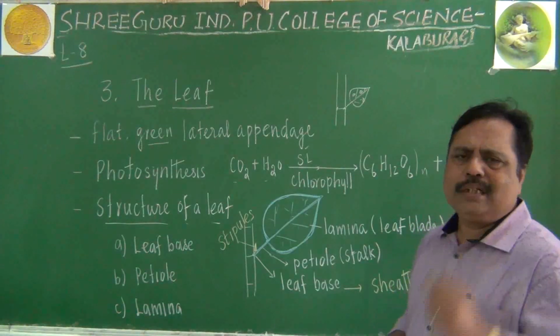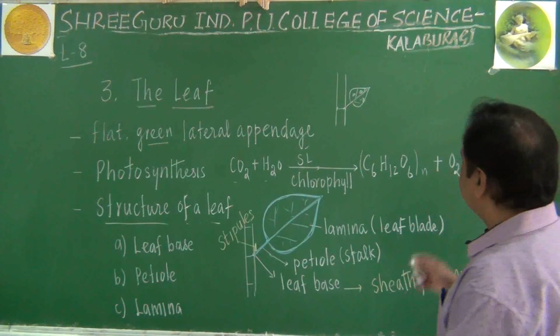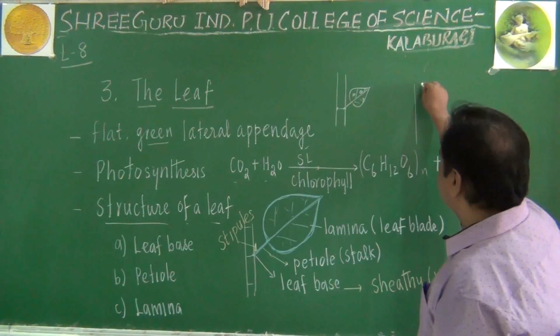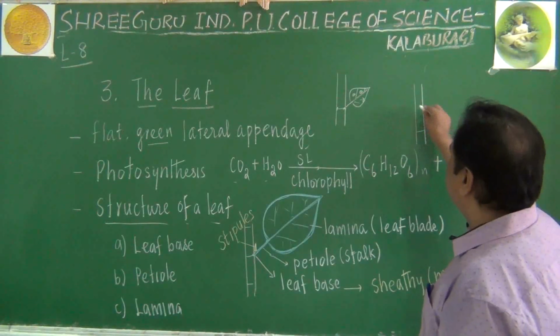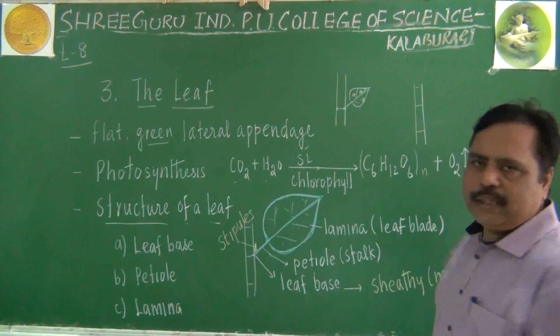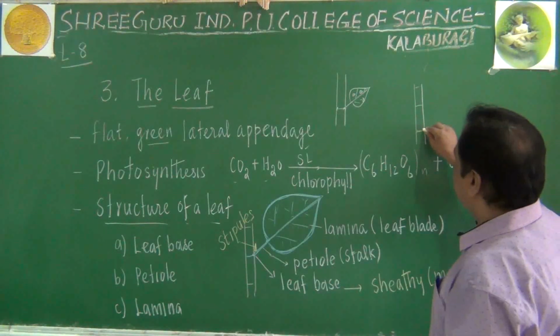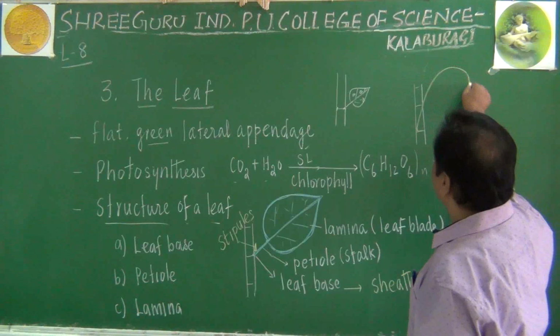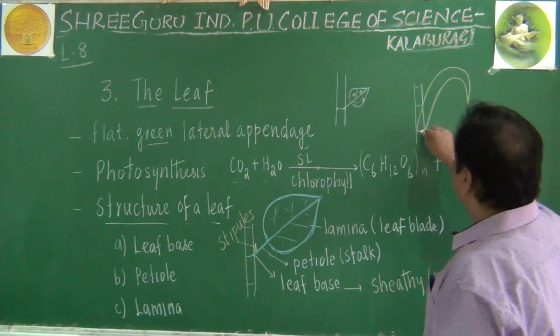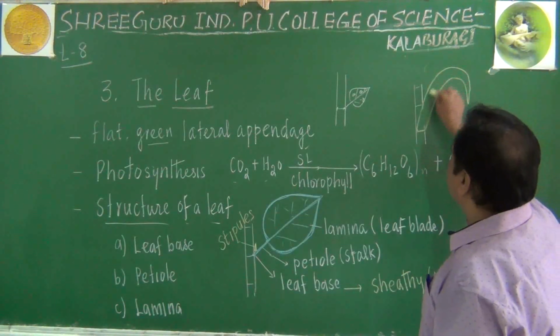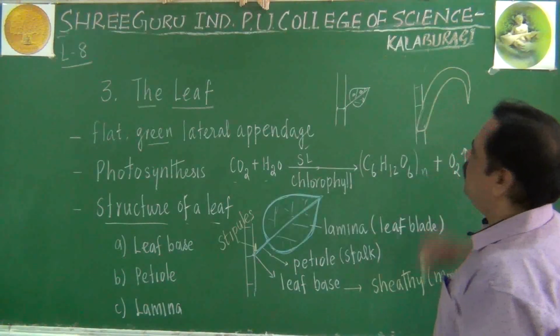What is that sheathy leaf base? Imagine this is a monocot stem like a sugar cane or coconut plant. Here the leaf will arise from the node and grow like this. This will become the leaf actually, green in color.